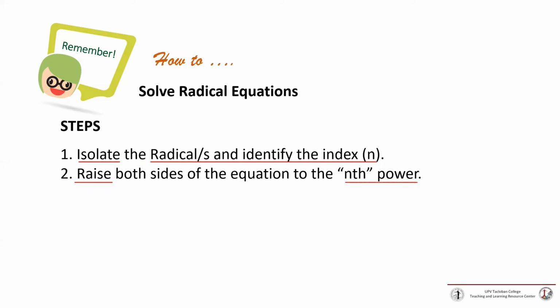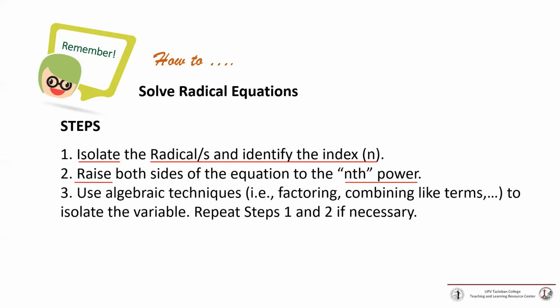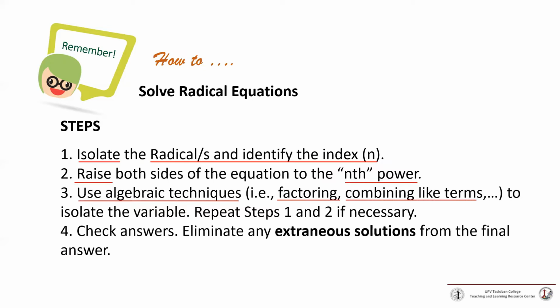Number 3, use algebraic techniques like factoring, combining like terms, and many more that you have learned already to isolate the variable, and then repeat steps 1 and 2 if necessary. Number 4, check your answer. Eliminate any extraneous solutions from the final answer. So it's very necessary to check your answers.